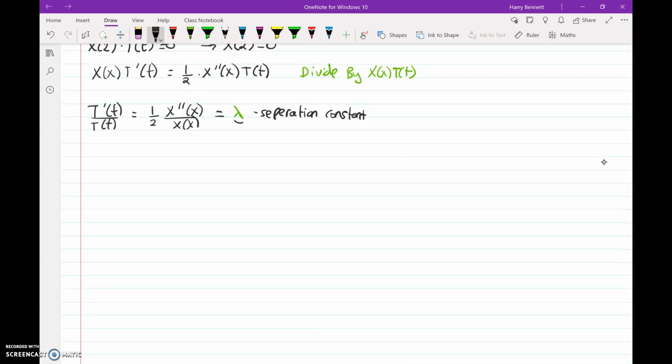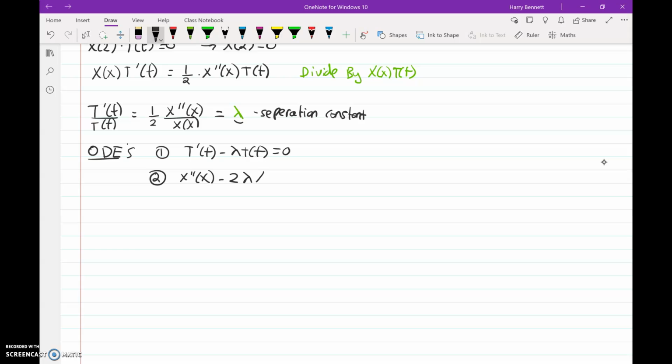So this allows us to form two ODEs from one PDE. The first ODE is the left hand side, and the second ODE is the right hand side, like so.